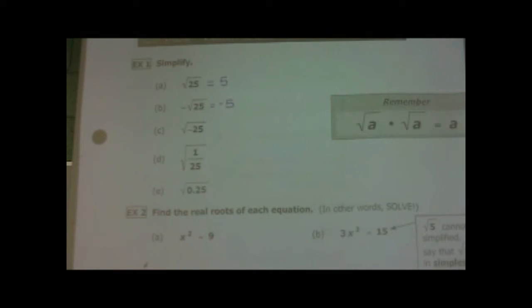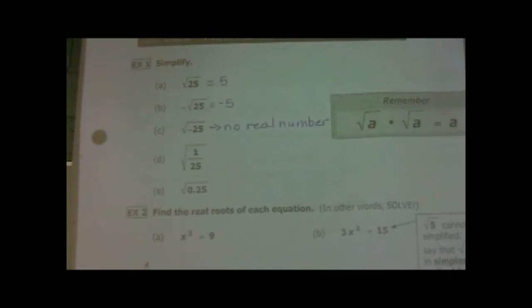Negative 5 times negative 5 gives me positive 25. There's no number times itself that's going to give me a negative number, because in order to get a negative number, I've got to multiply a positive times a negative. And that's not going to be something times itself, because that's completely different. So here, this is no real number.